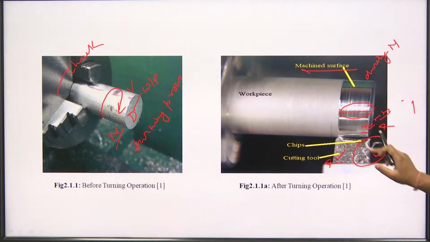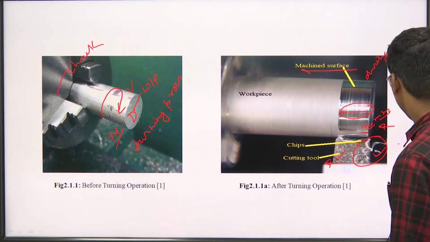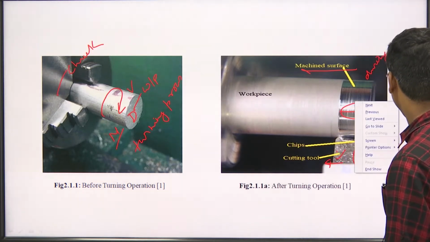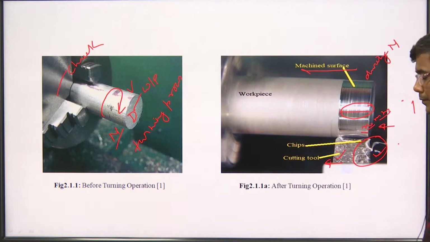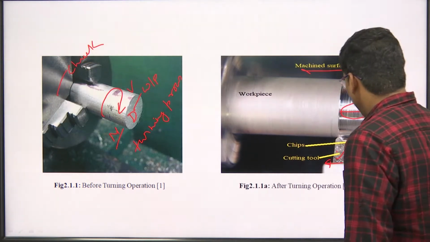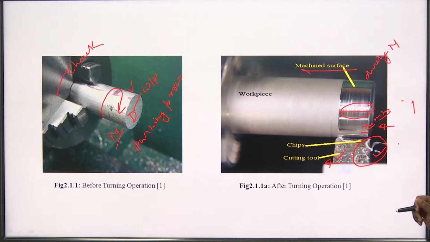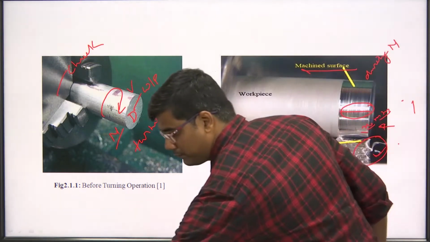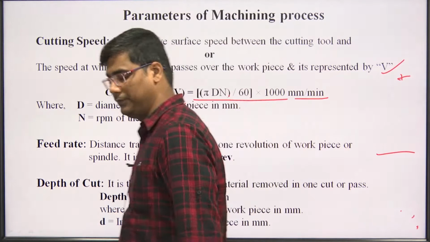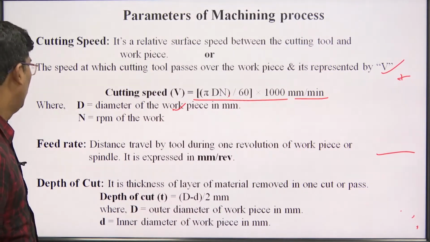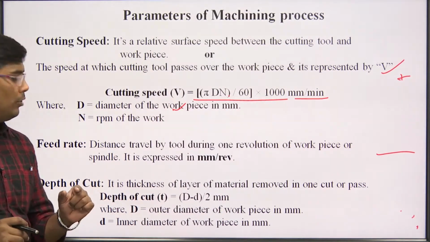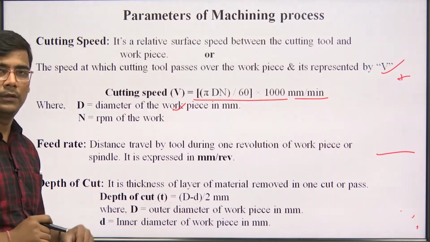So the feed rate will be x mm. Is it clear? Feed is always given along the surface of the workpiece, and depth of cut is measured in terms of the thickness of the chip removal.